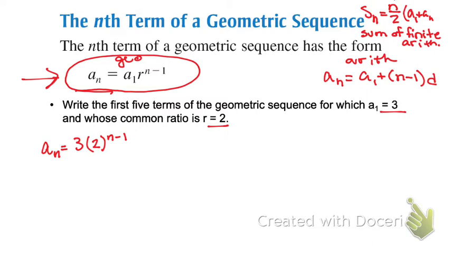That n minus 1, doesn't that look yucky to you too? Yeah. A little bit. So what this actually was 3 times 2 to the n times 2 to the negative 1, wasn't it? Because when we multiply exponents, we add them, right? And what's a negative exponent do to something? Reciprocates it, right?